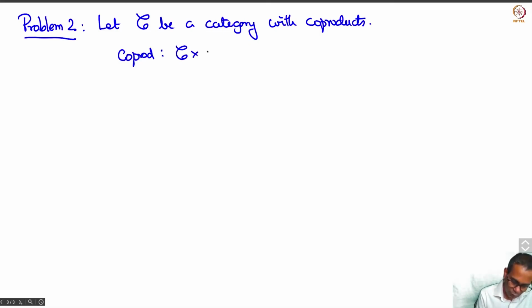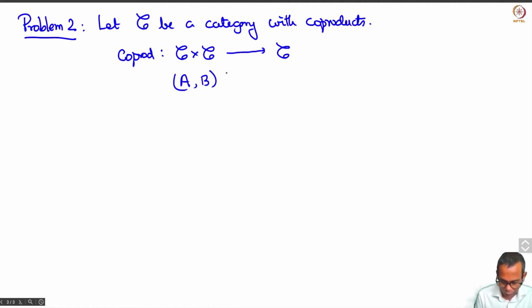It goes from C cross C, the product of the category C with itself. So its objects are pairs of objects in C to C. And what does this functor do? It takes A comma B to A plus B, and you can work out what it does on arrows as well. If you have a pair of arrows in C, it will define arrows on the coproducts.